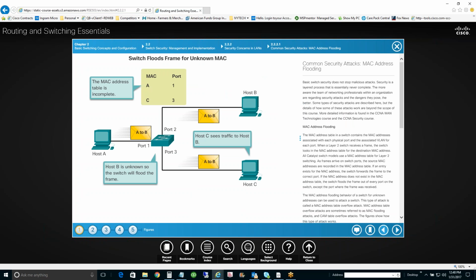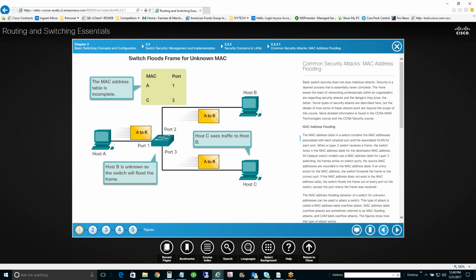Then we get into some common attacks that we see on switches from a security standpoint. The first one that they talk about is MAC address flooding, and MAC address flooding is when a hacker takes advantage of the fact that MAC address tables are limited in size.